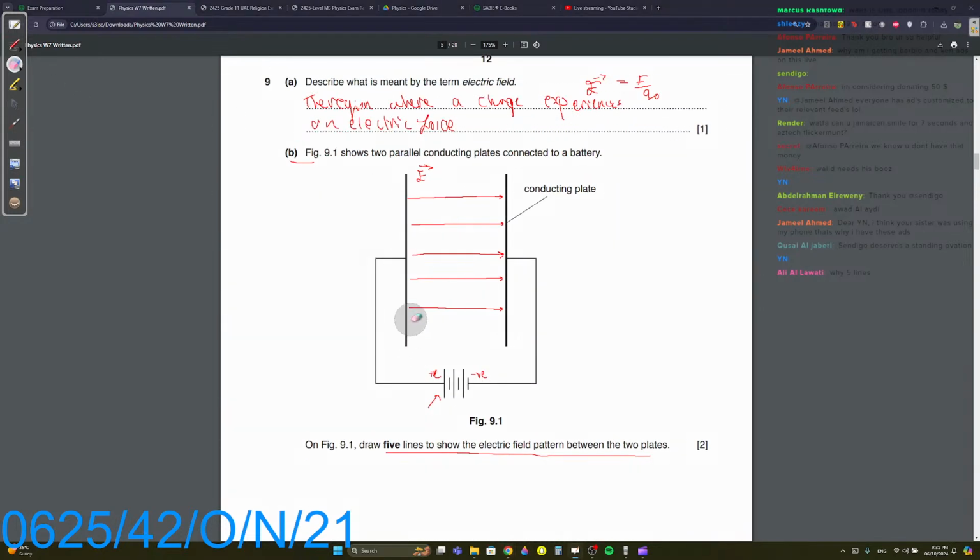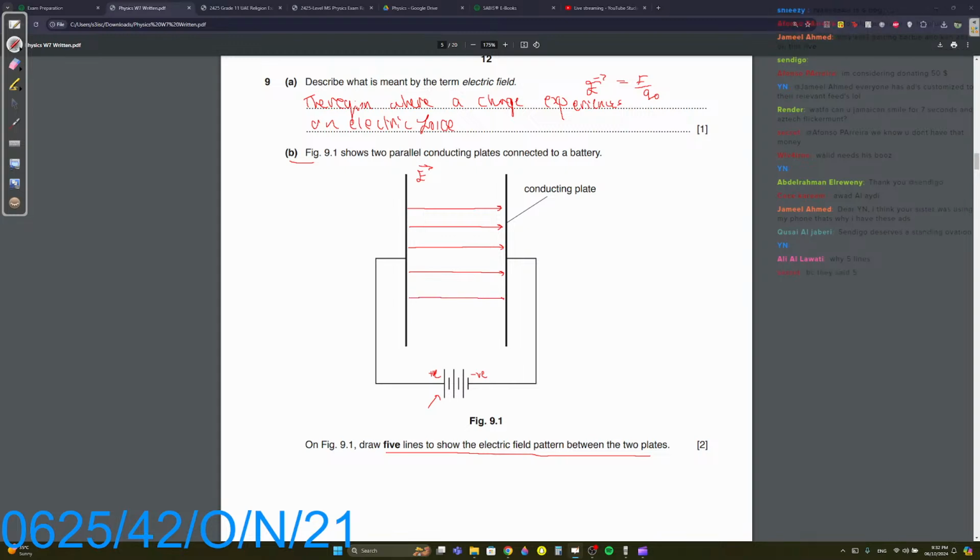Try and keep them close. You know what? Let me give you a better drawing than this. Let's give it like this. Okay, these.